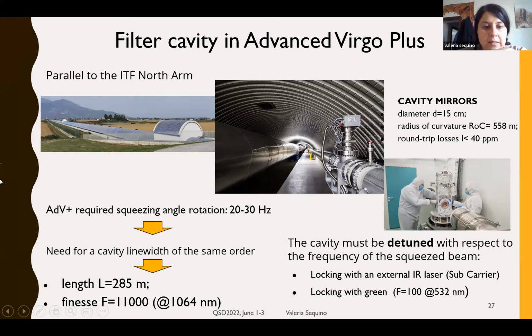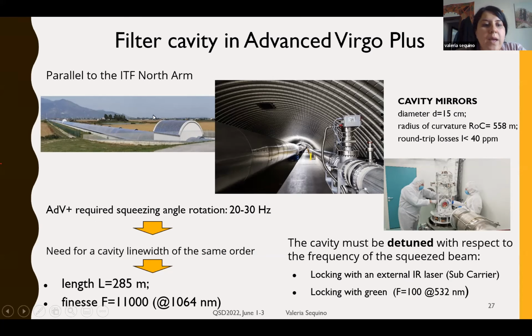In particular, we know that in the tube of Virgo, in this blue tube, there is another tube where we have the light of the interferometer, and parallel to this, we built another vacuum pipe here, another tube, where there is the light and there is the filter that goes towards the filter cavity.